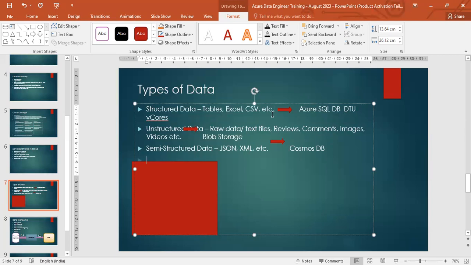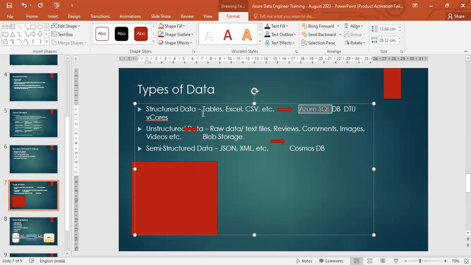Another option could be that after you store it in the storage account and process it, you need to send this data back to on-prem. So it totally depends on the project requirements, how you want to process the data, and what the end-to-end life cycle or data cycle will be.